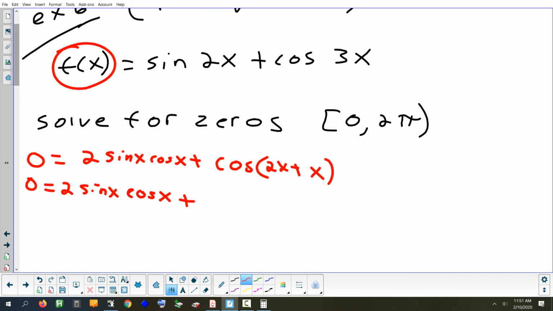plus, with a cosine, when we rewrite it, is it a plus or a minus? It's a minus, it's the opposite. Are the cosines and sines grouped or mixed? They're grouped. So it's cosine, cosine, minus sine, sine. 2x, x, 2x, x.